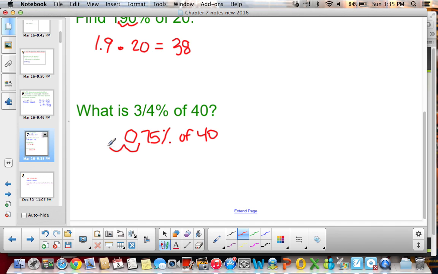Now we need to go over 2, I add my 0 here, so it's going to be 0.0075 times 40. This is going to be a really, really small number because 3/4% is actually smaller than 1%. So 0.0075 times 40 equals 0.3, which makes sense, and that's a reasonable answer.